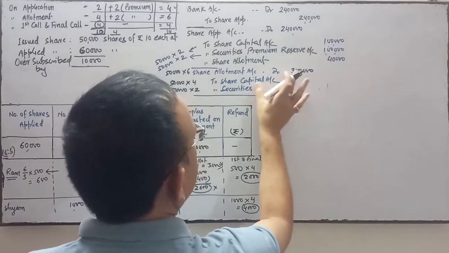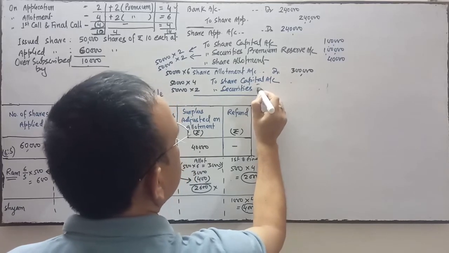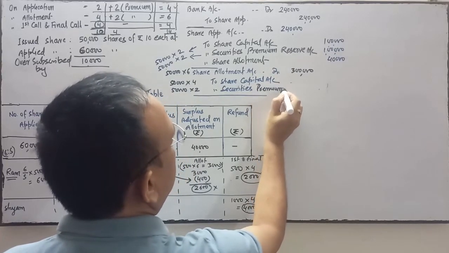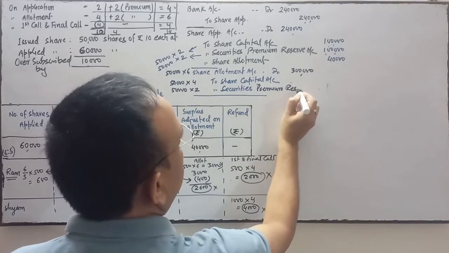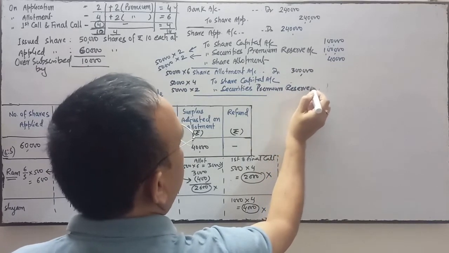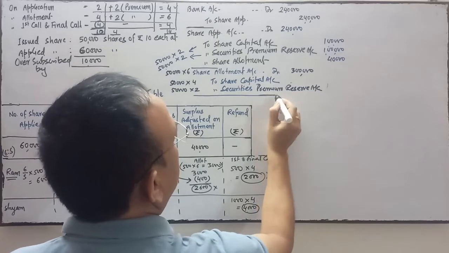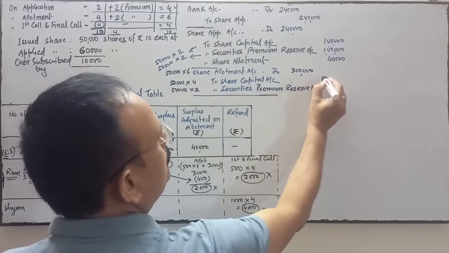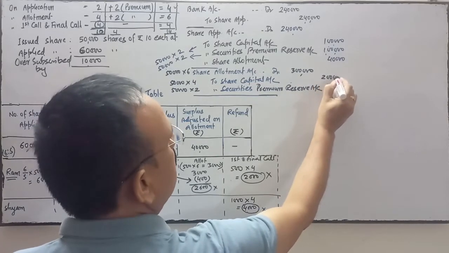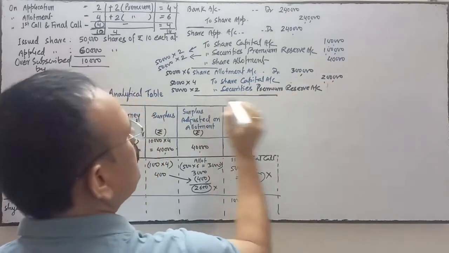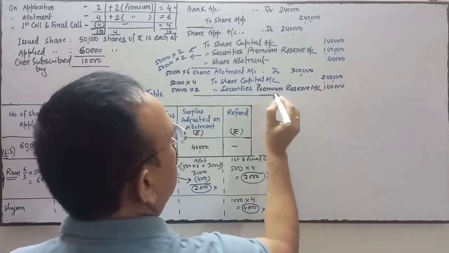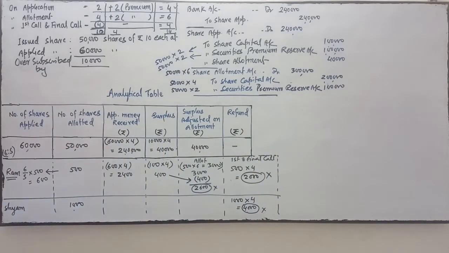3 lakhs to securities premium reserve account. So 3 lakhs here, 50,000 into 4, 2 lakhs in capital, and 50,000 into 2, 1 lakh will be in the securities premium reserve.